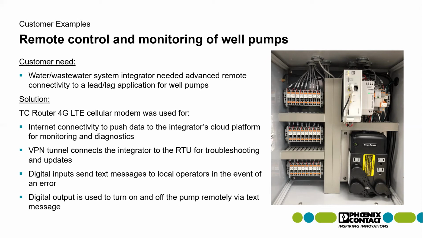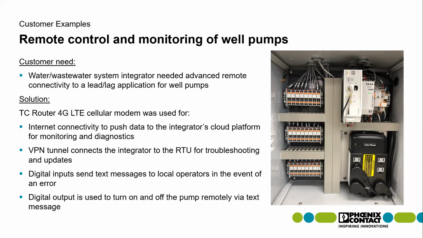They used this modem for basic internet connectivity so they could push data out of the network up to their cloud platform, so they could monitor the system and, for diagnostic purposes and preventative maintenance, look for trends over time. But that was really just outbound traffic. They had inbound traffic blocked for security principles, but they did have a VPN tunnel that they could connect on demand to this RTU for troubleshooting and updates.